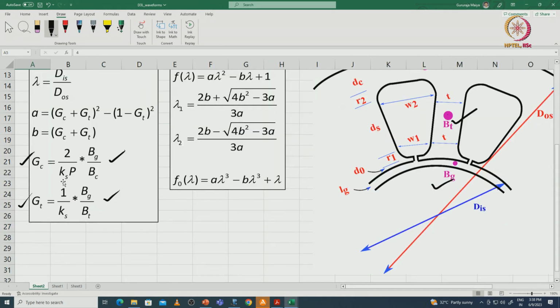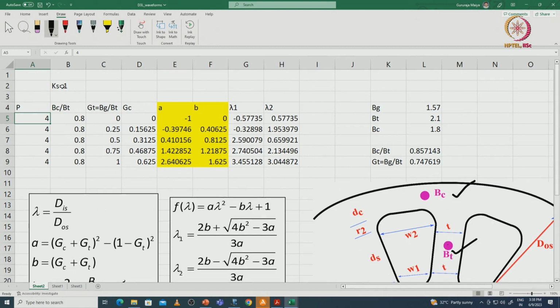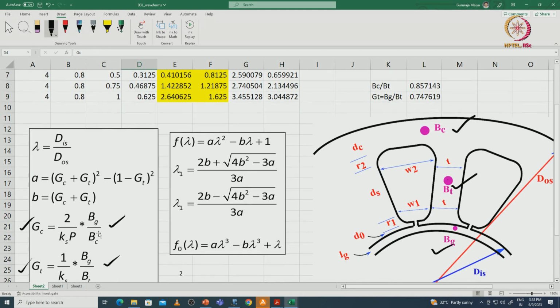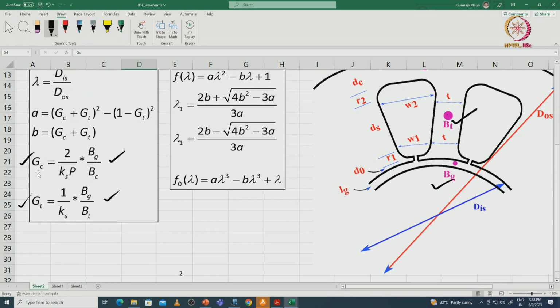Here Ks we have taken as a stamping factor, right, the steel stacking factor. I am considering 1, there are no air ducts, and the steel stacking factor is nothing but Ks. Okay, I am considering Ks equals 1, and Bc by Bt constant, and Gt and Gc we are evaluating first with respect to these two equations.